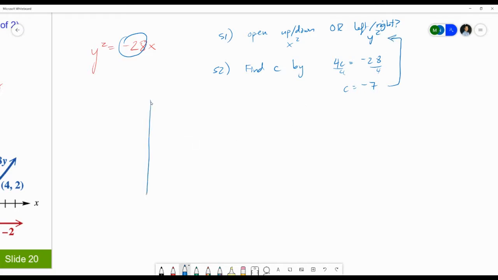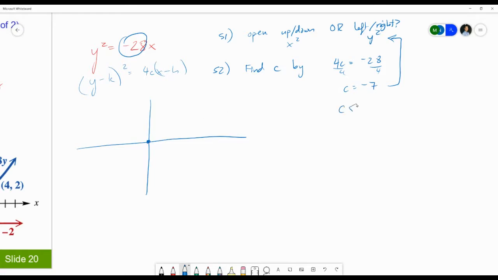So let's plot it. I know that the vertex is at the center. If it's not, you can find out by looking at the full formula, y minus k and x minus h. Here, h and k are both 0, so we know the vertex is at 0, 0. Now we know that it opens left or right.